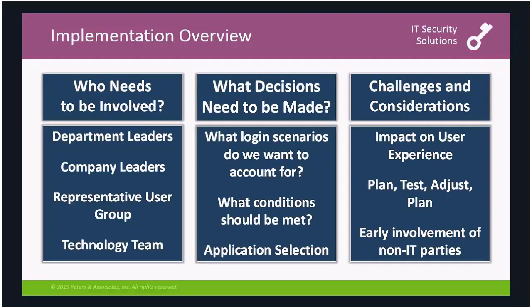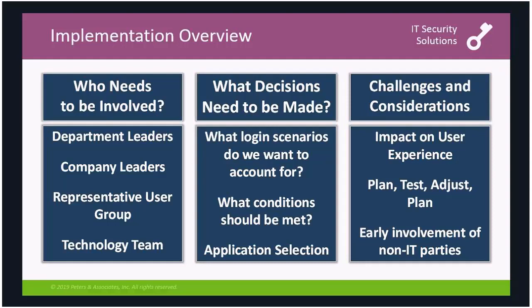Oftentimes, it's those leaders that can be the most difficult to get to change their behavior. Representative user groups, as I mentioned, because we're changing a user experience, and we want to understand what's going to be too much and what kinds of education we'll need to provide along with introducing new security solutions. And then, of course, the technology team would be involved. Some of the key decisions you'd be looking at making in regards to the identity and access management tools that Bruce mentioned.